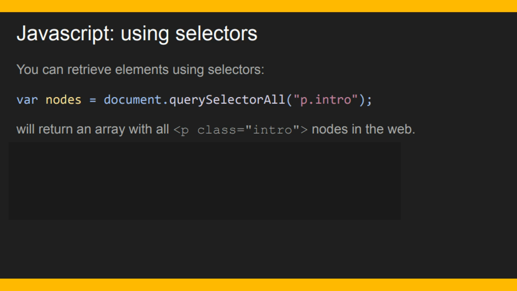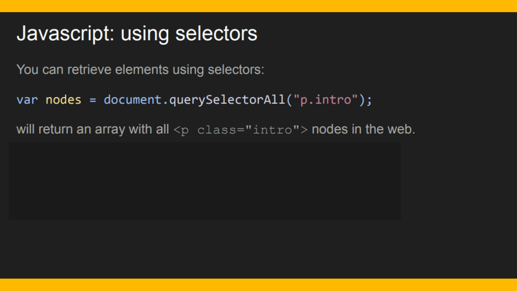So what does this mean? This will return an array with all the p class=intro nodes in the web page. All the nodes with p tags of class intro inside our HTML will be returned as an array because we are saying querySelectorAll.